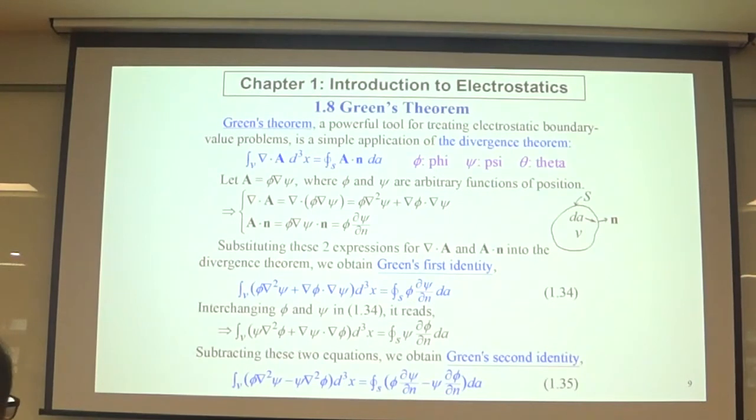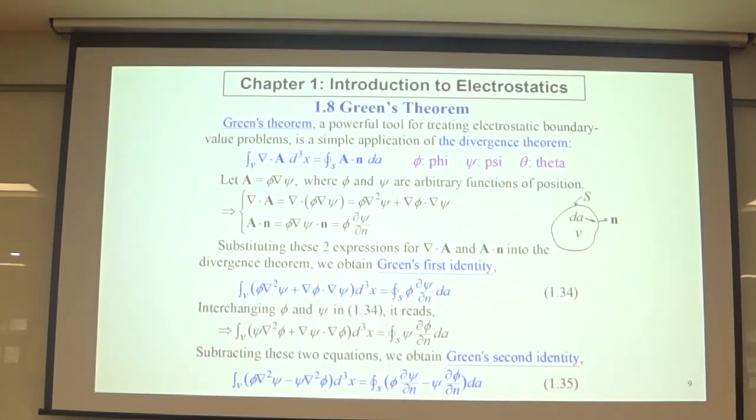Okay, this one is normally for potential. And they are all phi. This one is reserved for the coordinate system, cylindrical coordinates rho, phi, z.